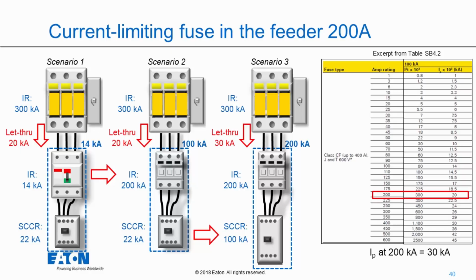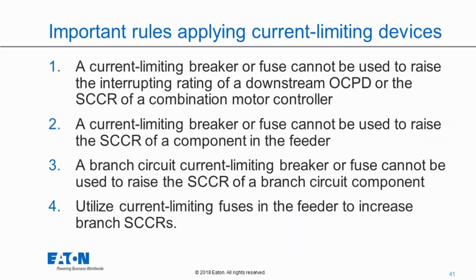It's very important to remember that you cannot use this let through to increase the interrupting rating of any overcurrent protective device in your branch. This only works to increase the short circuit current rating of components in your branch. Really important. So here are some important rules when you're applying these current limiting devices.